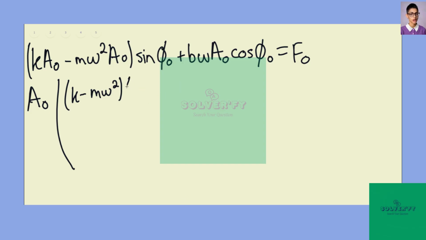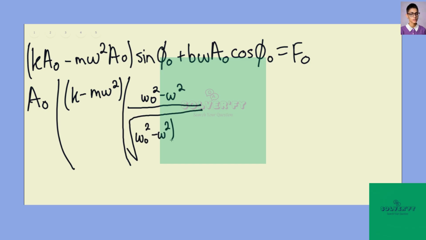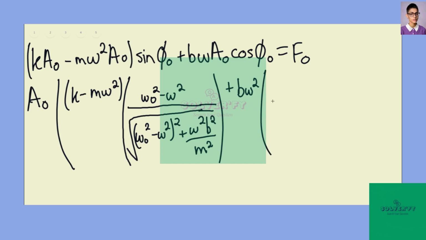Let's just draw this a bit smaller because this is about to be a little bit large. And then here it would be the square root of omega naught squared minus omega squared, to the second power, plus omega squared b squared divided by m squared. And then we would have plus b omega squared, and then times again, close parentheses equaling f naught.